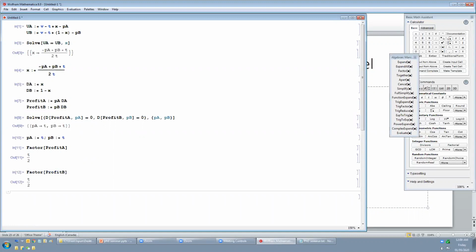The intuition is that when t increases, meaning the taxi driver's transportation cost increases, then profit A actually increases. We can imagine a scenario when t is almost 0. That means it's very easy to take a taxi from one place to the other.